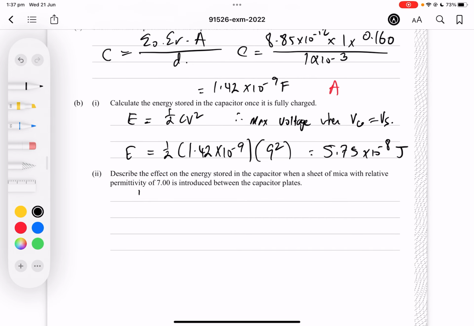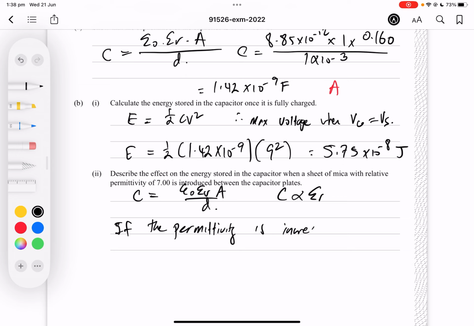So in this case, if we just want to refer to the formula, C equals epsilon A over D. So C is proportional to the permittivity. So in this case, if the permittivity is increased, the capacitance increases by 7 times.